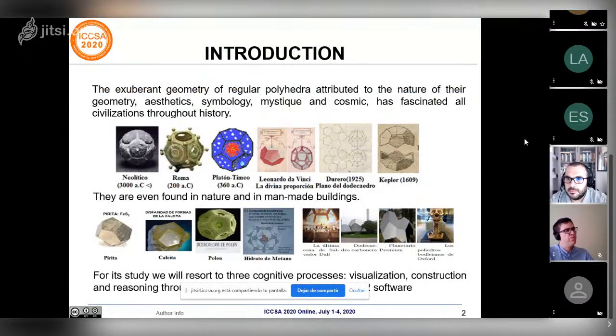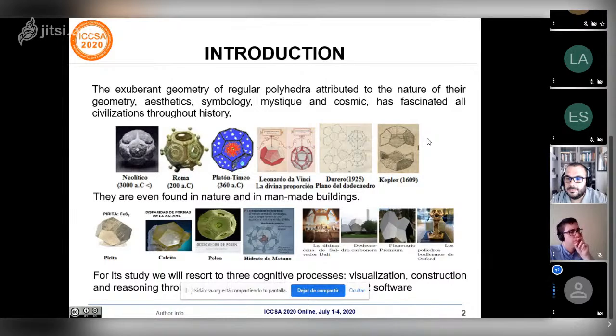The exuberant geometry of the regular polyhedra, attributed to the nature of its geometry, aesthetics, symbology, mysticism, and cosmology, has fascinated all civilizations throughout history, and it has been observed in nature and in humankind's constructions.